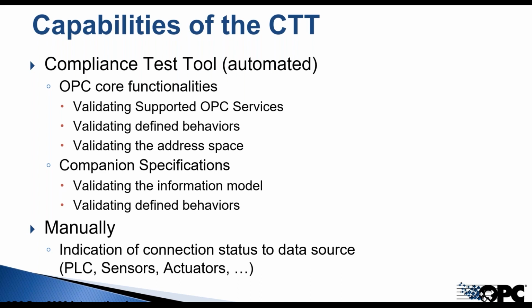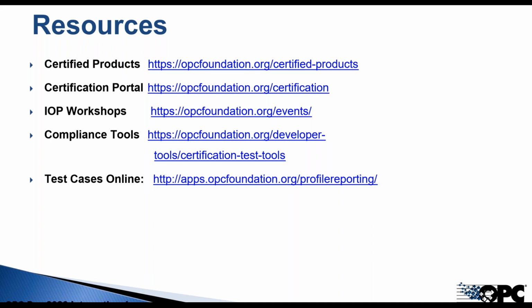So speaking of an RFID reader, which has an external antenna, if the connection is being broken or intermittent, then we basically expect that the values that are related to that antenna are going to a bad status code. Same is the case for a gateway where the underlying device basically goes away. And that is stuff that you need to test manually, because we cannot break the connection with the CTT.